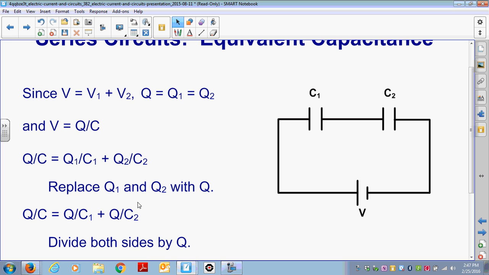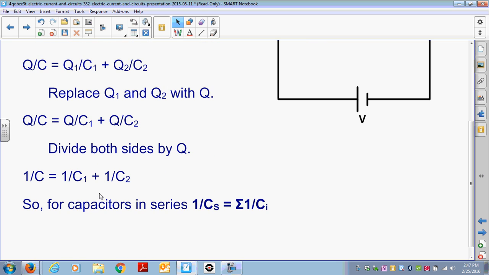The Q is all the same though, it's the same charge on all the plates. So the Q's cancel out, and we're left with the equivalent capacitance being given by the sum of 1 over Ci. Now, we also have to take the inverse of this total sum. So when we take the sum of the inverses, we then have to invert that in order to get the equivalent capacitance in series.